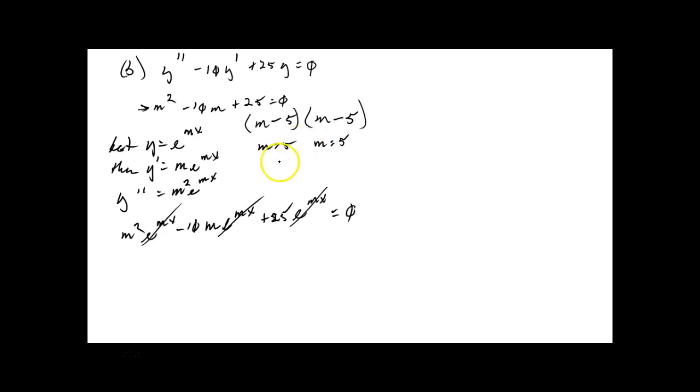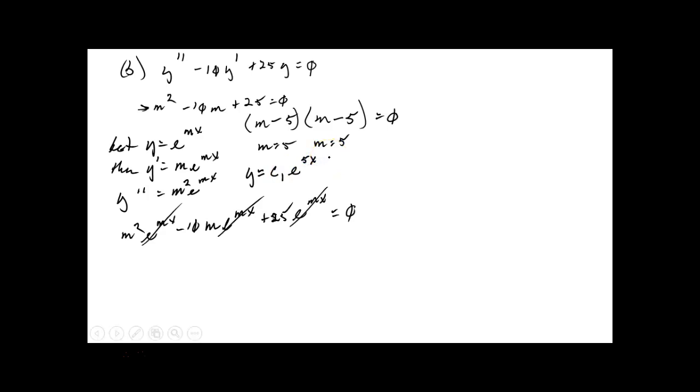This thing's equal to 0. So that means that each of those factors has to be 0, and that gives you the same number. So our solution, y is equal to C1, now we're going to put the coefficient in there, e to the 5x.